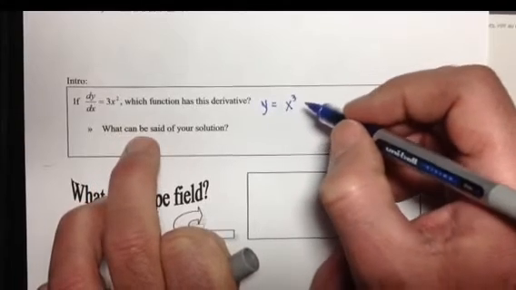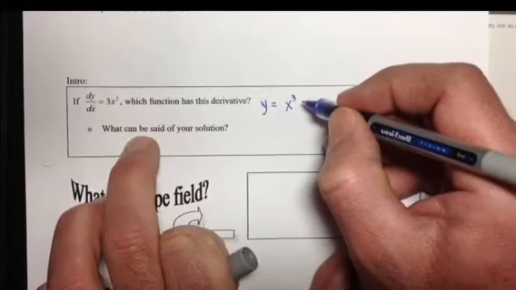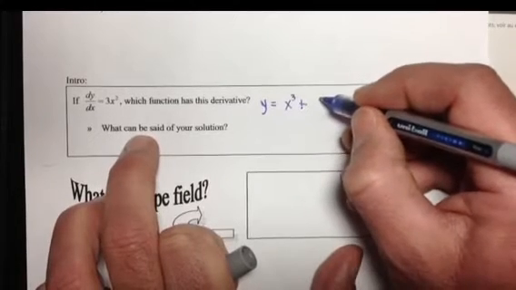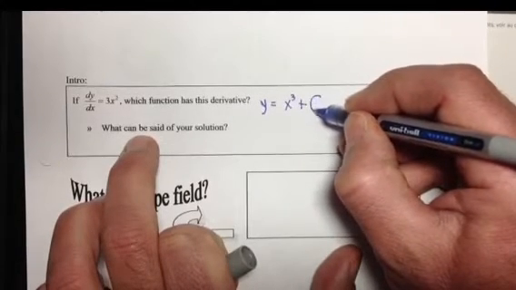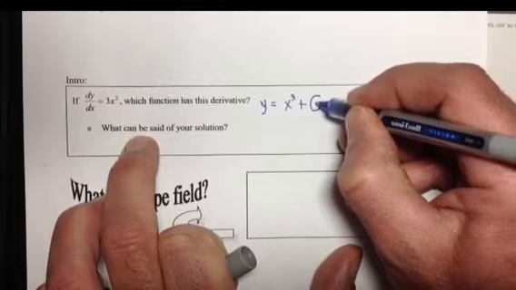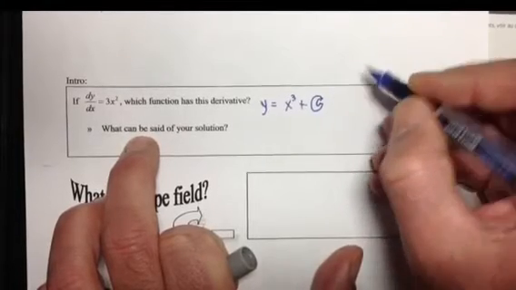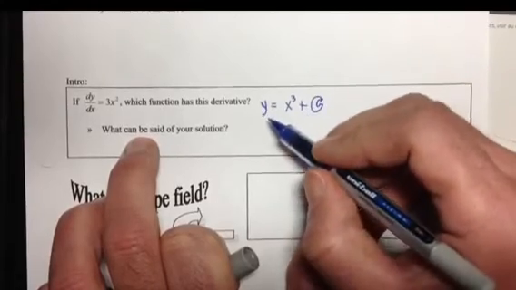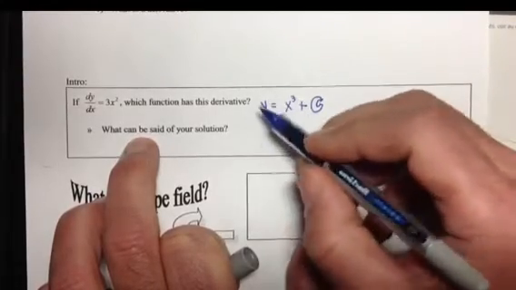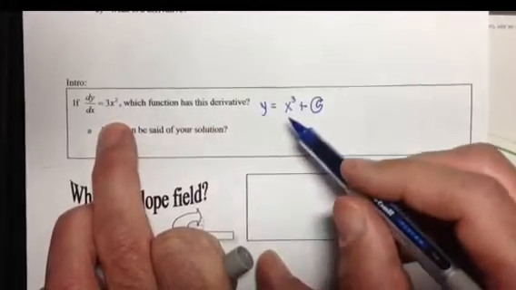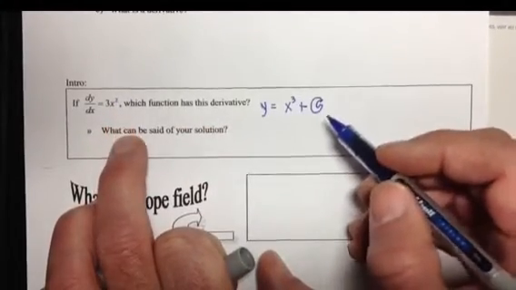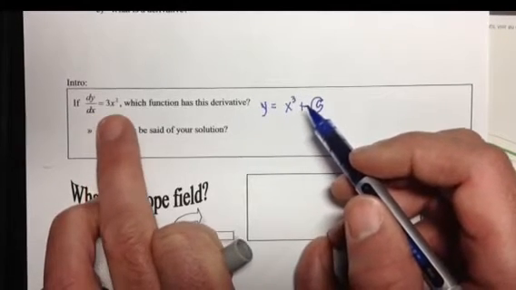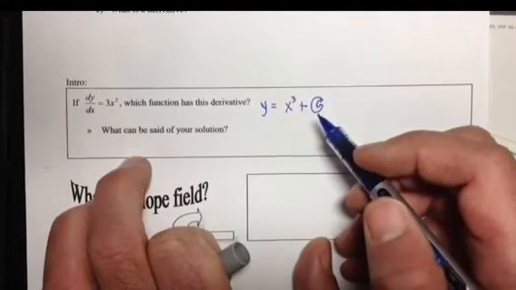And we also know that there would be many different families of functions that would have this derivative. So we're going to put an emphasis and say that there could be some constant c. This is the general function that would have the stated derivative, where c could be any constant.